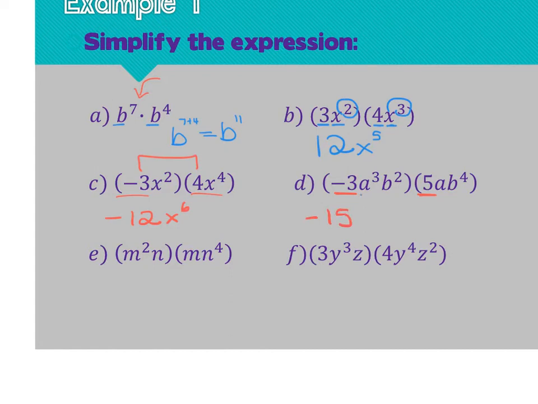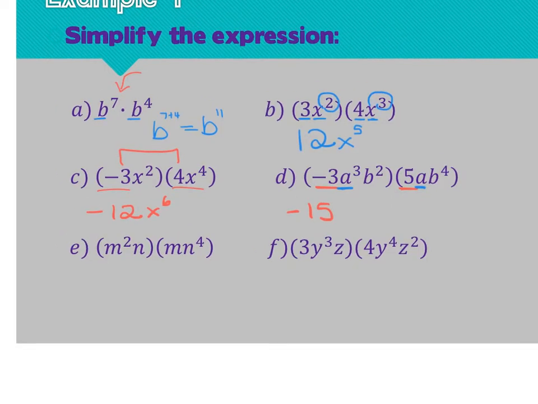Then I add the exponents on my a's. See how this a doesn't have a number? You assume it's a 1. So we add 3 plus 1, and this becomes a to the 4th. Then for the b's, you add 2 plus 4, and this becomes b to the 6th.